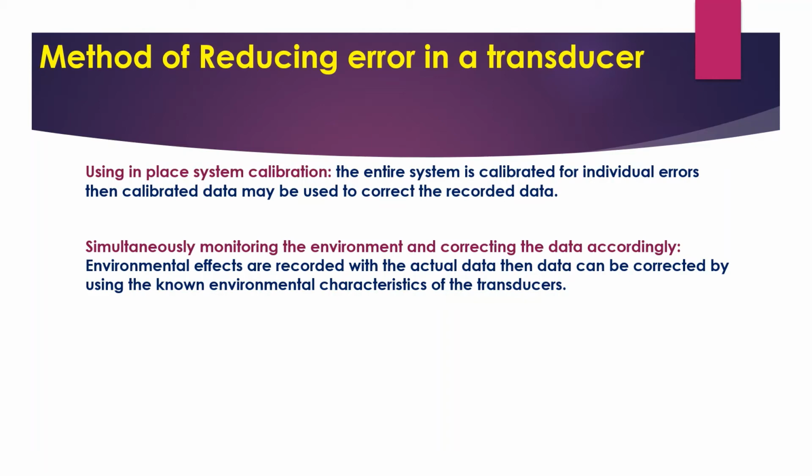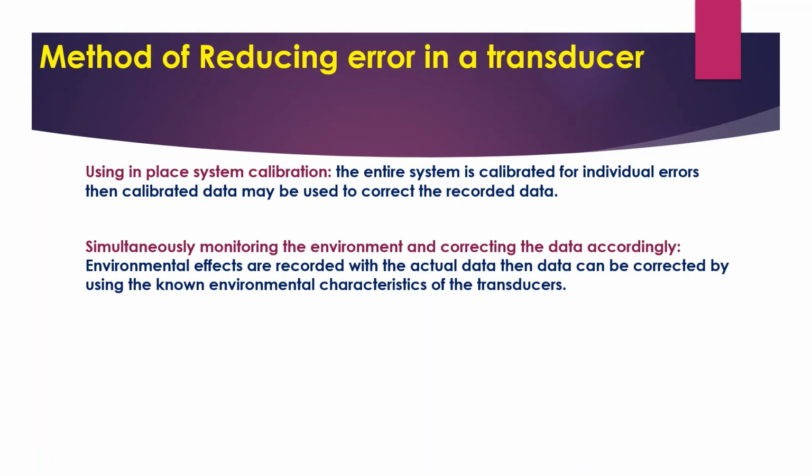But if several persons come into the same room, the room temperature will increase. As soon as it crosses 17 degrees, it starts the compressor. The compressor will bring the temperature back down to 17. So this is simultaneously monitoring the environment and correcting the data accordingly.